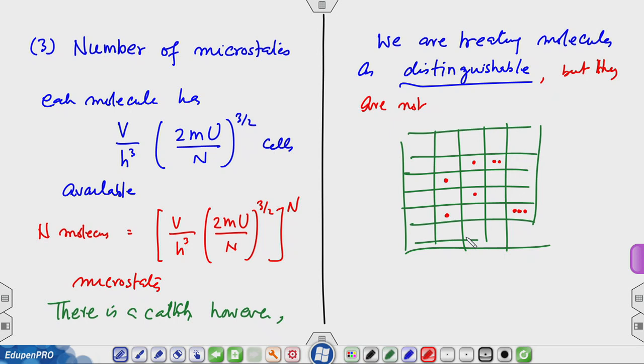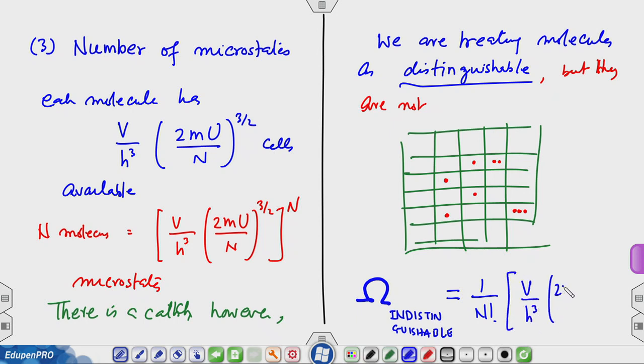So any permutation between them has to be counted out. And therefore, I write omega indistinguishable equal to 1 over n factorial, I am just dividing by that permutation, times V over h cubed 2 m U over n raised to 3 by 2 raised to n. That is the number of microstates.